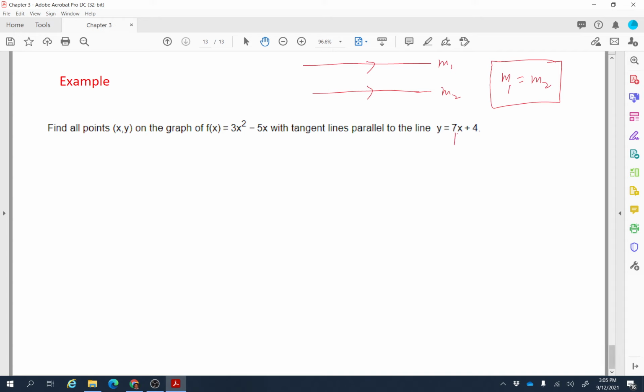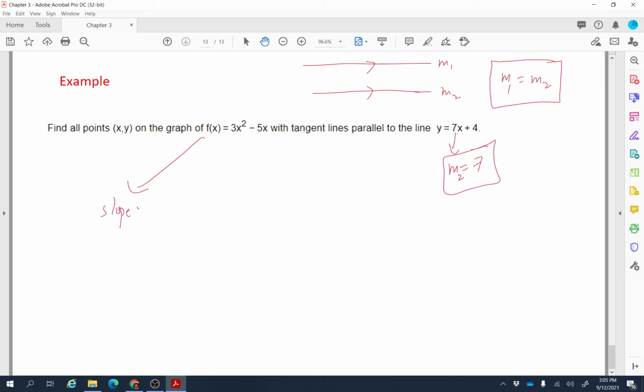So what we can do is take the slope of this line, say m2, it's 7. So we want to find the point x, y on this curve such that the slope is 7. So first of all, find the slope. Slope means derivative.